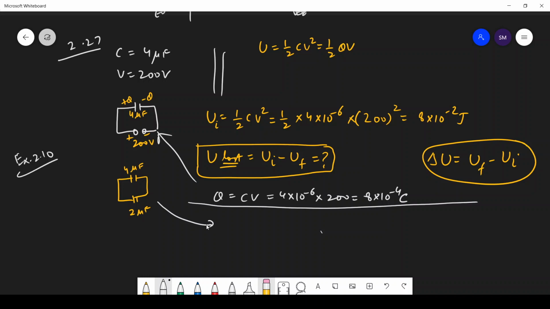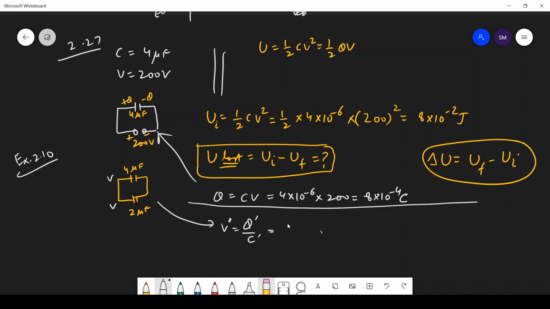So they are connected together, so both will attain the common potential, so the potential will be the same. Now what will this potential be? This potential difference is the same, right? V equals Q by C. So let it be V dash equals Q dash by C dash.